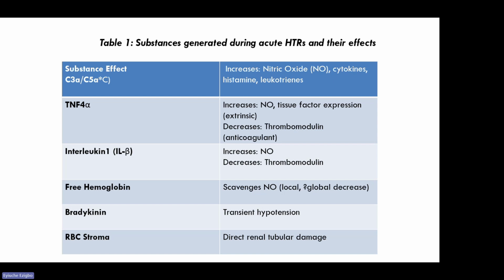Tumor necrosis factor increases NO, tissue factor expression, decreases thrombomodulin, and all these effects have their consequence on the body. Interleukin 1 increases NO, decreases thrombomodulin. Free hemoglobin scavenges NO. Bradykinin causes transient hypotension. Red blood cell stroma causes direct renal tubular damage.